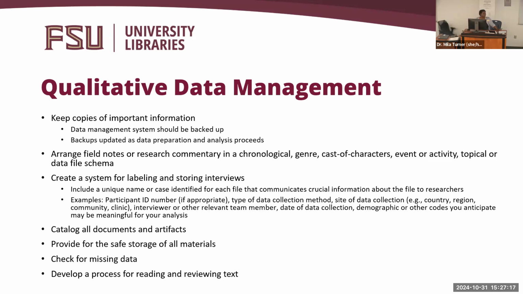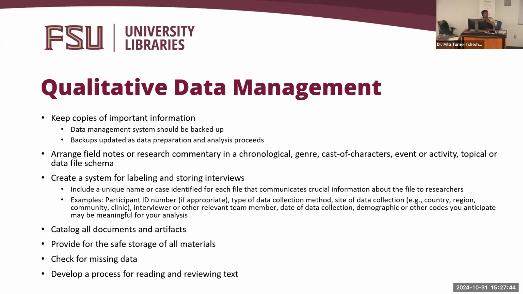Or if you're collecting at multiple sites, it could be interviews at the RAC library 1, interviews at Strozier Library 1, 2, 3. Just something so that when you look at a file you know intuitively what is in it. It can include the dates. Actually, I recommend it includes the date, or some type of coding that makes sense to you.